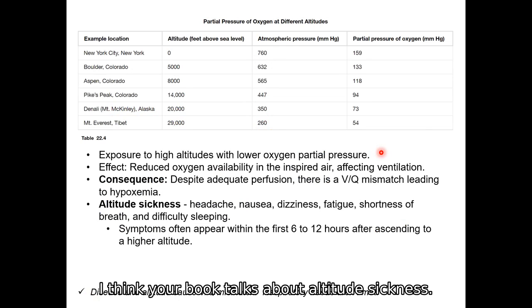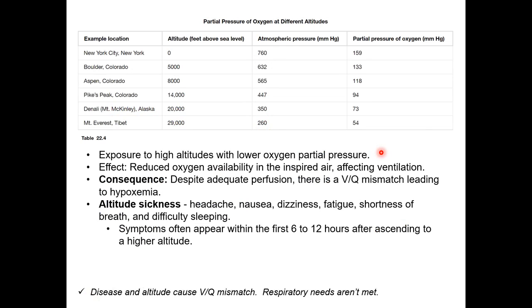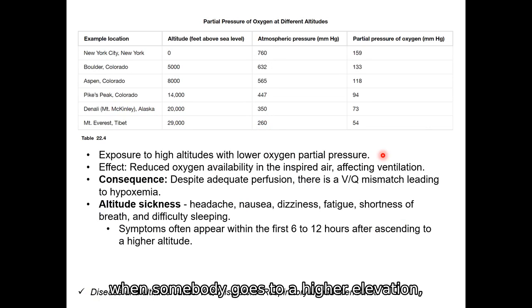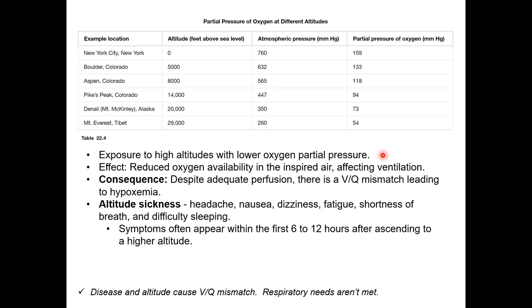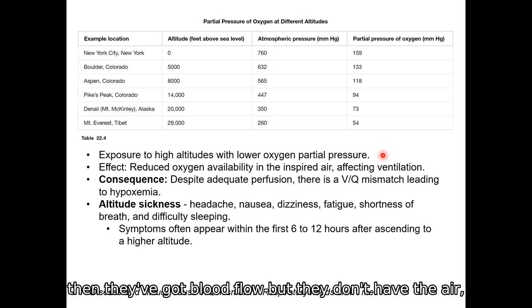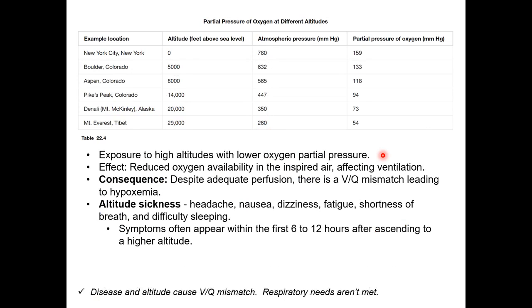I think your book talks about altitude sickness. So exposure to high altitudes, when somebody goes to a higher elevation, the atmospheric pressure drops. And if someone's unaccustomed to that and they haven't acclimated, then they've got blood flow, but they don't have the air, right? Because they're not getting as much oxygen.